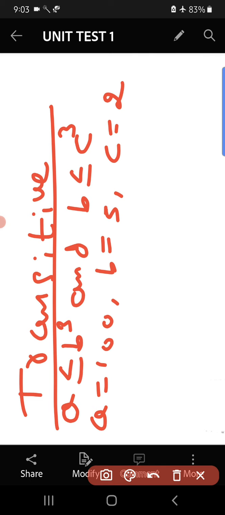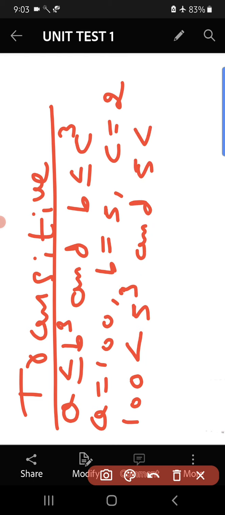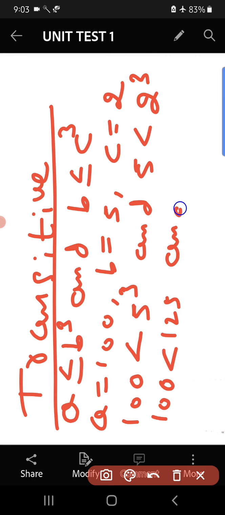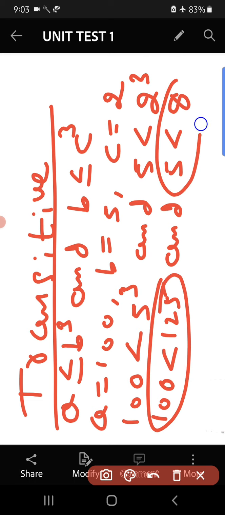Then let us check this. a, that means 100, less than b cube, that is 5 cube, and b means 5 less than c cube, that means 2 cube. Now 100 less than 5 cube means 5 into 5 into 5, that is 125. It is true. And 5 is less than 2 cube means 8. So 100 less than 125, 5 less than 8. Both are true.